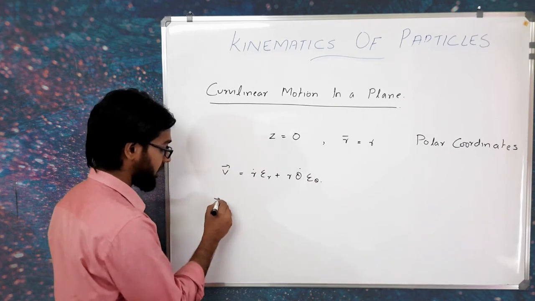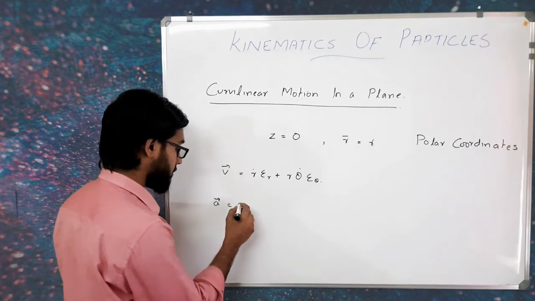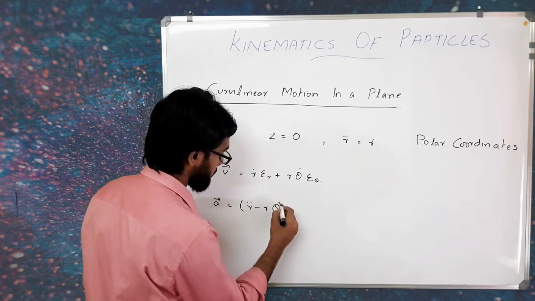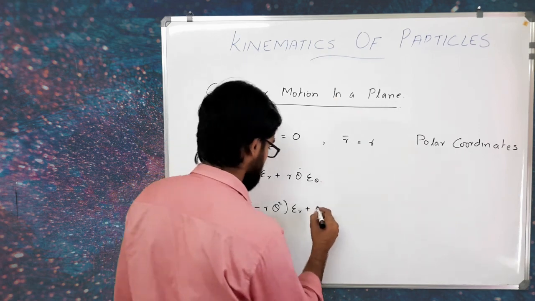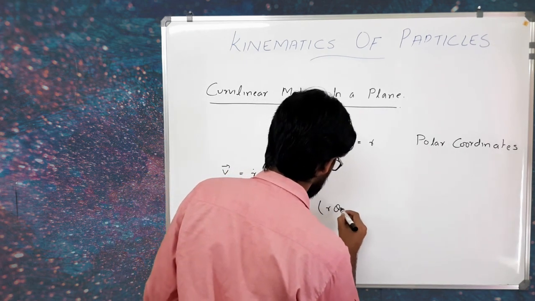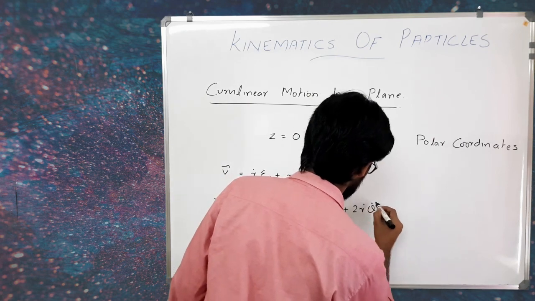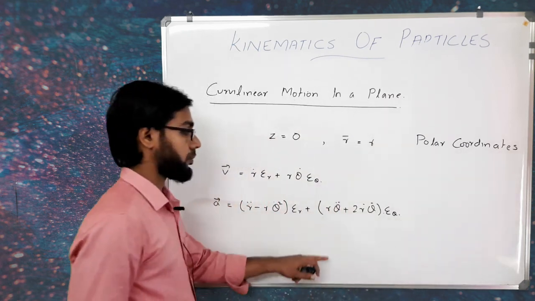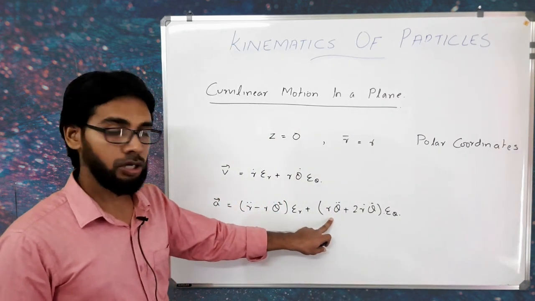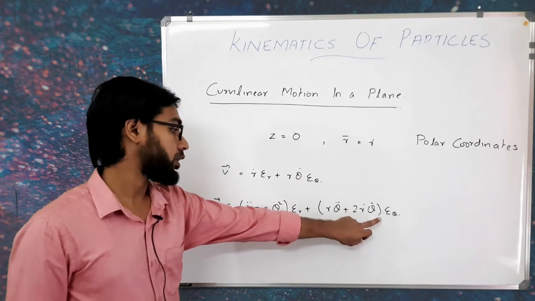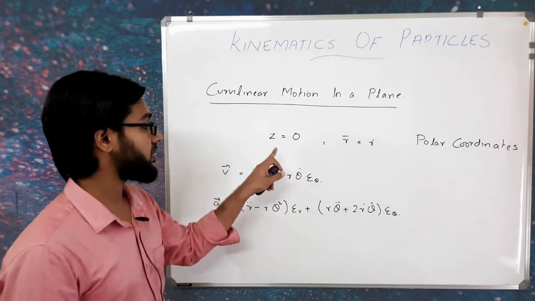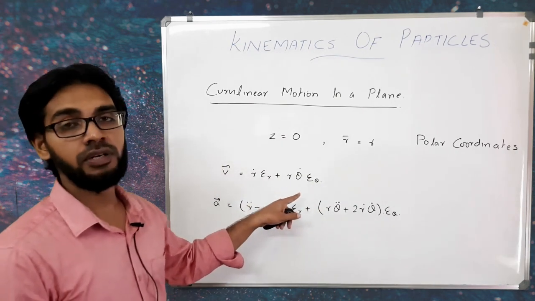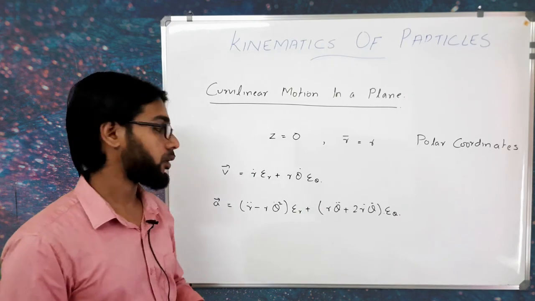And acceleration A will be represented in terms of r double dot minus r theta dot square epsilon r plus r theta double dot plus 2r dot theta dot into epsilon theta. Here also z double dot will be equal to 0. So we will have the two corresponding values in terms of the radial as well as the transverse direction.